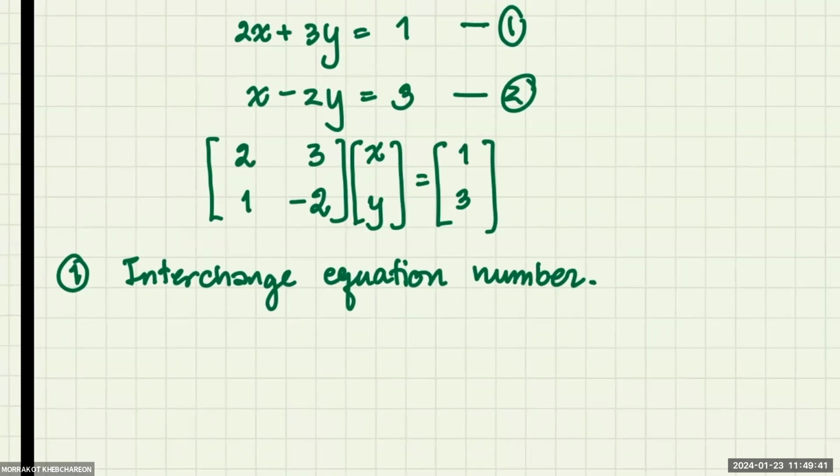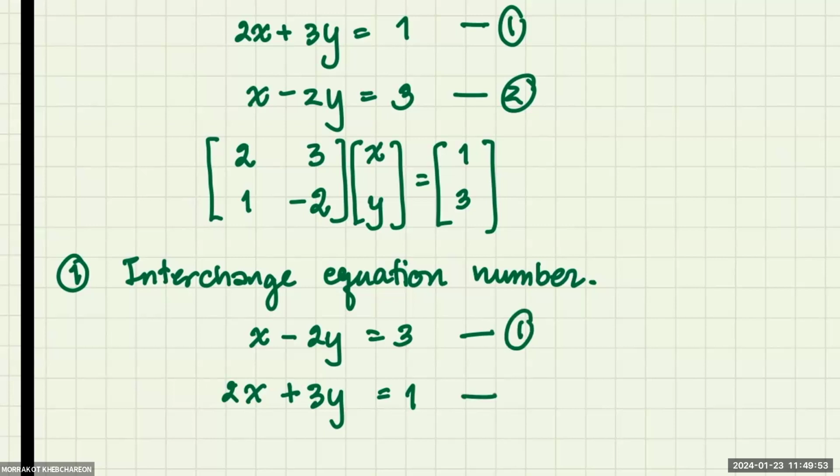Okay, I have x minus 2y equal to 3, 2x plus 3y equal to 1. I call this equation number 1, this equation number 2.